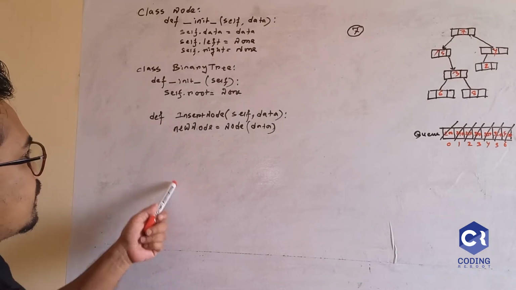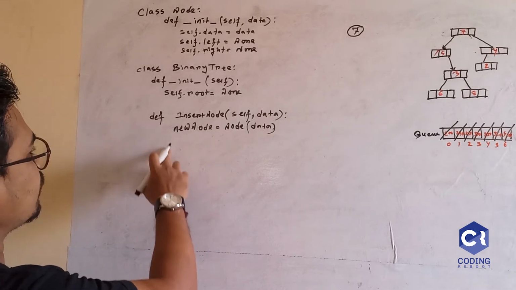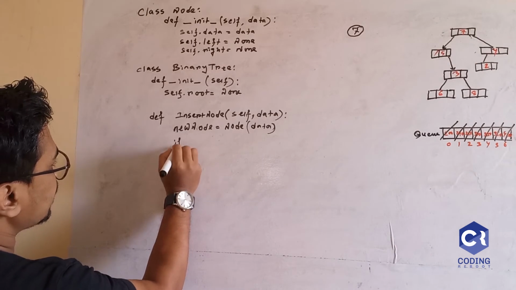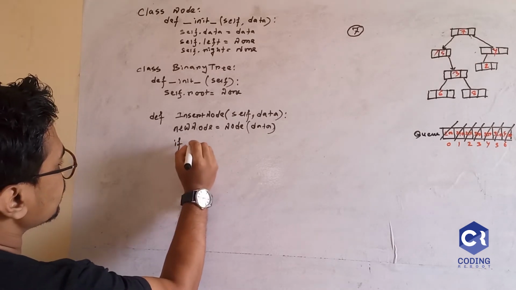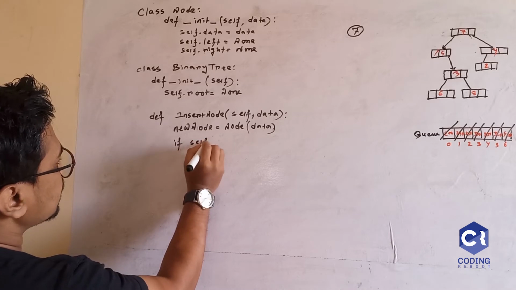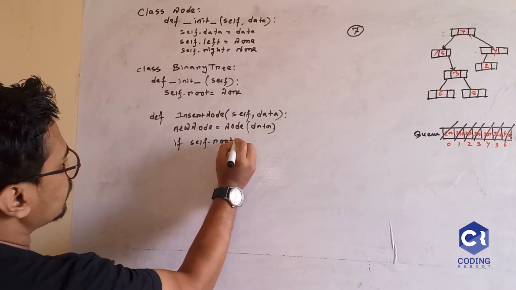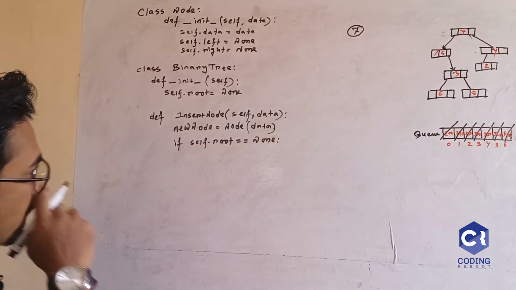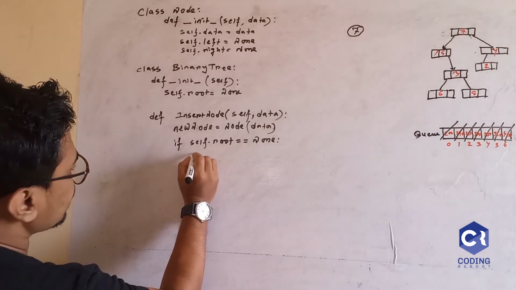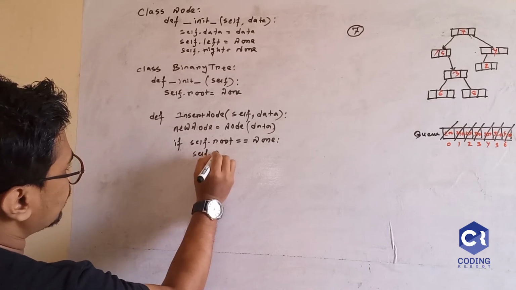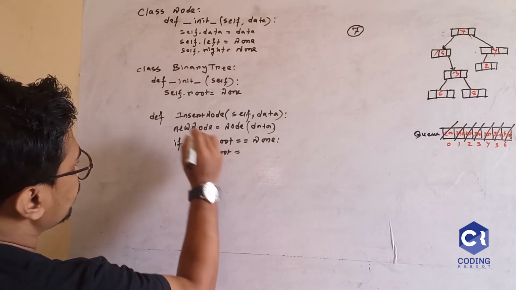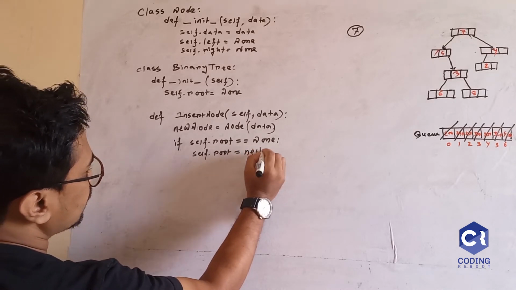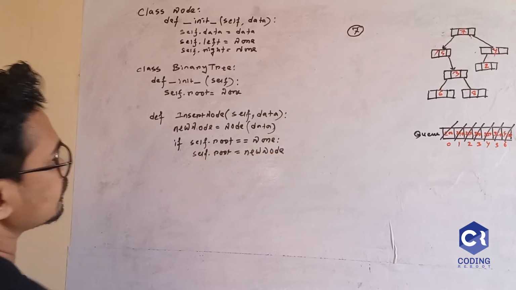If it is empty, then we are going to assign the new node to our root node. We check using a condition like this: if self.root is equal to none, then self.root will be our new node.